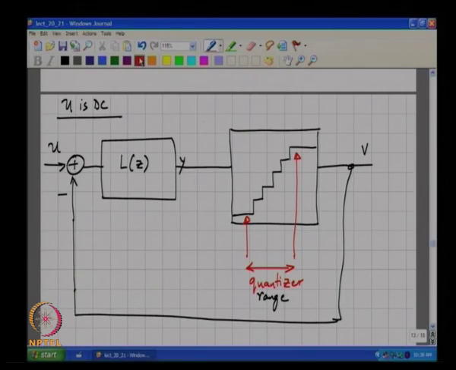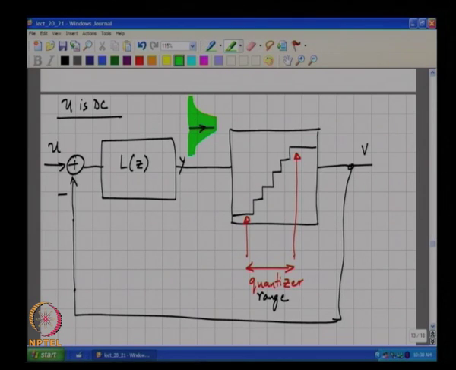It will look like some DC level, on top of which there will be noise, some noise riding on top of this DC quantity, correct.